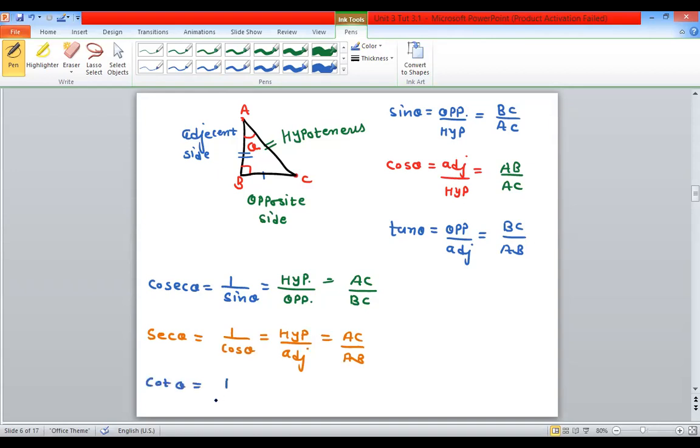Cot theta is again reciprocal of the tan theta. So these are the formulas if I change the angle to A and C. Adjacent upon opposite. Here your adjacent side is AB upon BC.